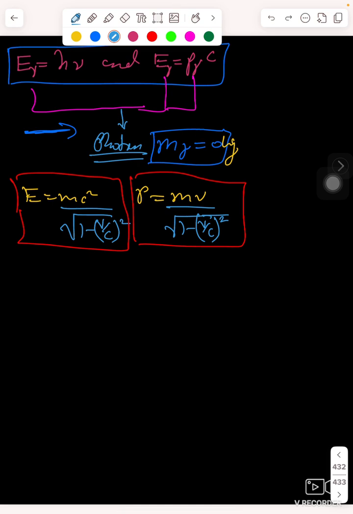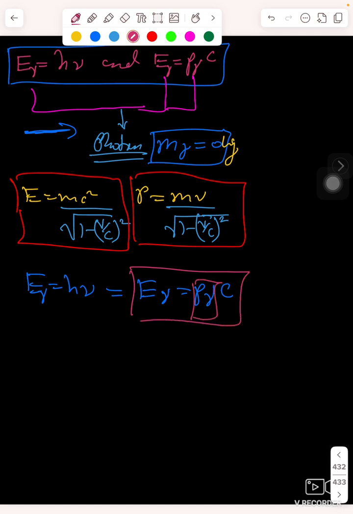So it becomes E equals hv equals E gamma, the gamma here as well, equals hv. Now we can write this equation as, making p the subject, E over c. Now replace this E with this equation and we get hv over c equals p lambda.